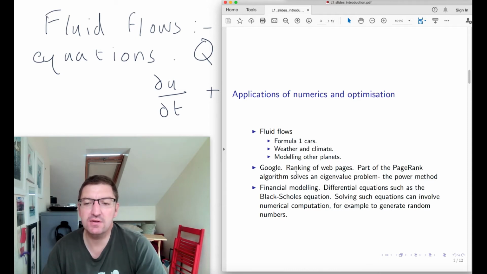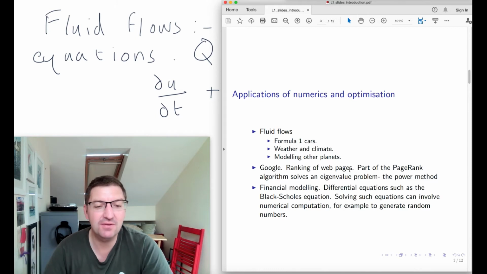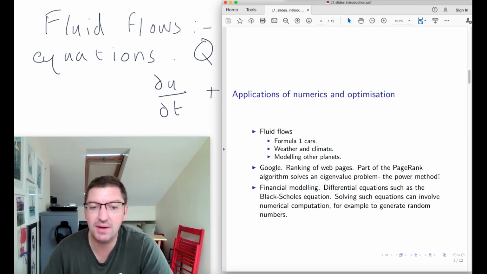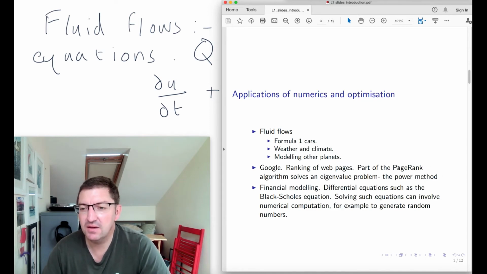The Google matrix contains all the information for searches, and quite often you're not trying to find all the eigenvalues of this huge matrix. You're trying to find the leading values, the largest one and the next largest one. There's a method we're going to study called the power method that iterates to find this eigenvalue. We'll do that in part 3 of the module. There's an algorithm called PageRank, which is partly named after Page, who was one of the founders of Google.